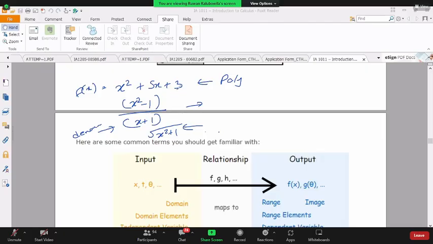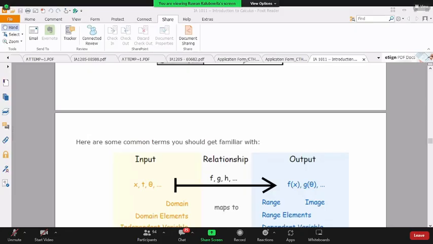So we solve some simple examples to find the domain of functions, and we can talk about the range using the same scenario. Let's go to the last example we did the previous day.